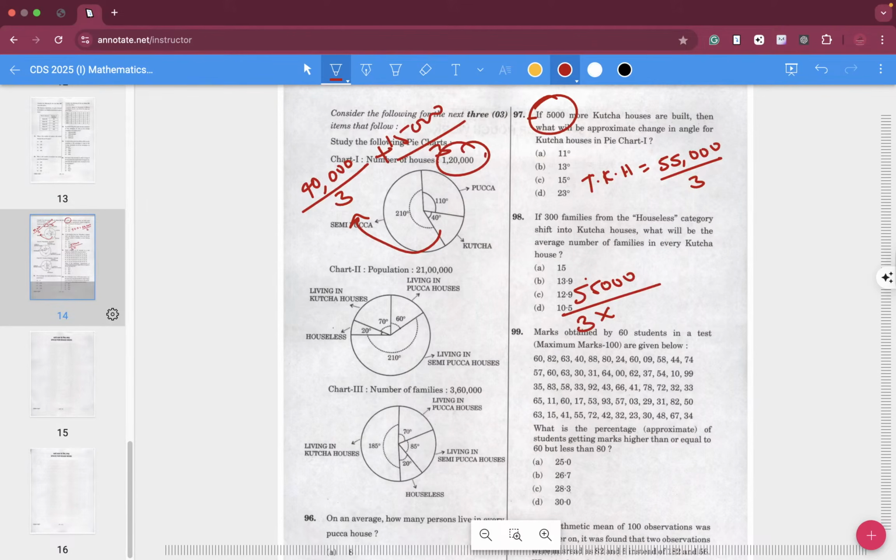Now the total number of houses will add 5,000 over here, so 1,25,000. It will be equal to, we don't know how much value it will make, so we are saying it will make x degrees out of 360.